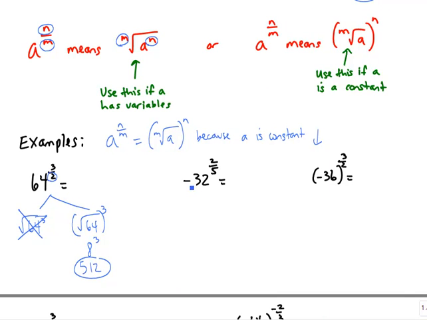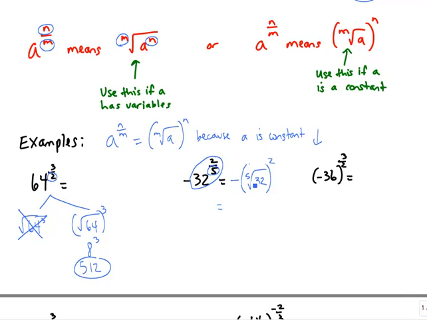In the next example, remember that idea about parentheses or no parentheses. This does not have parentheses. So the minus stays on the outside, and only the 32 is going to go under that radical, and only the 32 gets raised to the 2/5 power. Because it's a 5 in the denominator, we want a 5th root. Because this base is 32, a number, it's easier to figure out what the 5th root of 32 is first, and then raise that answer to the 2nd power.